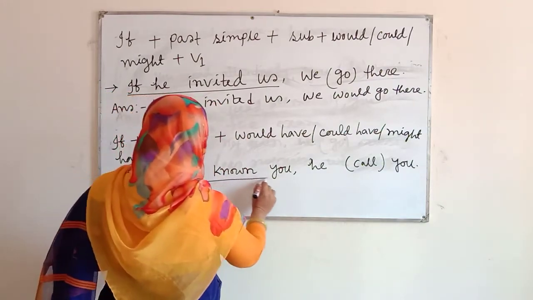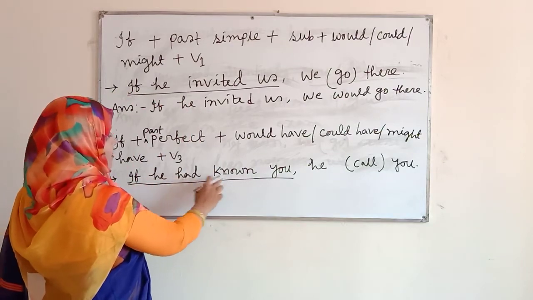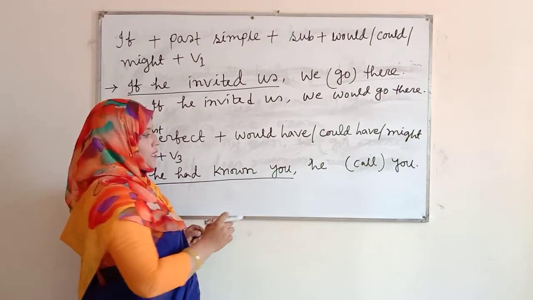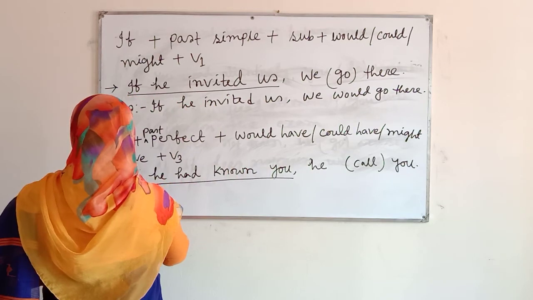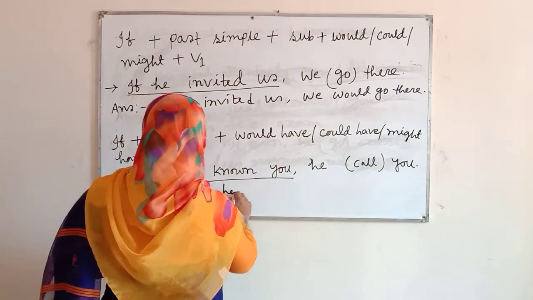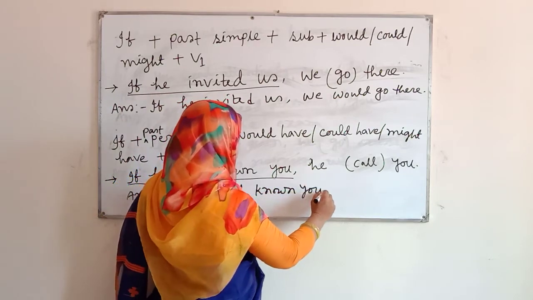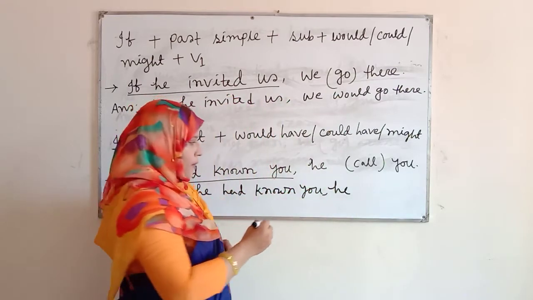This is the example of past perfect. Subject plus had plus verb 3. That means this is in past perfect tense. So our answer will be if he had known you. সাবজেক্টের পরে আমরা কি লিখব? would have, could have or might have.